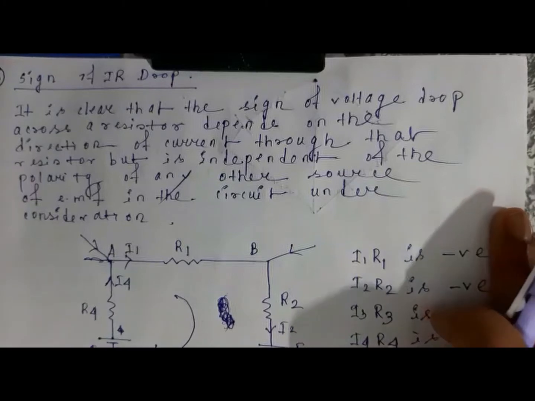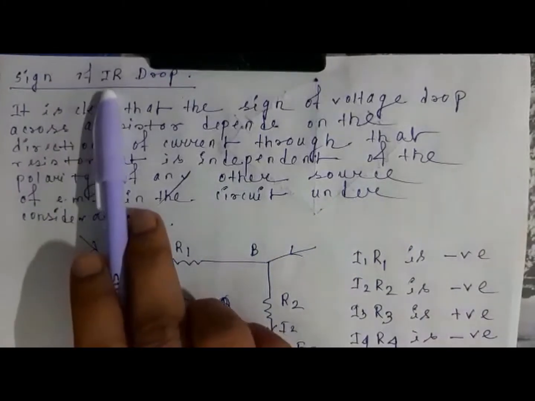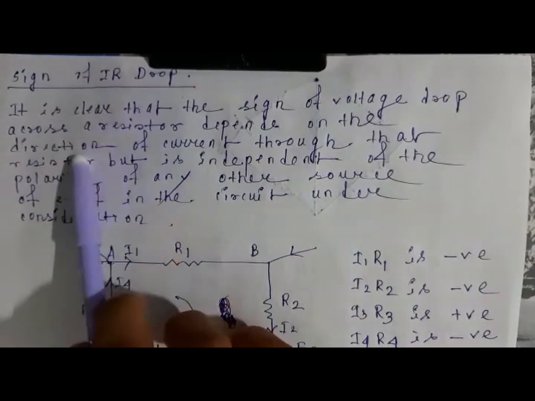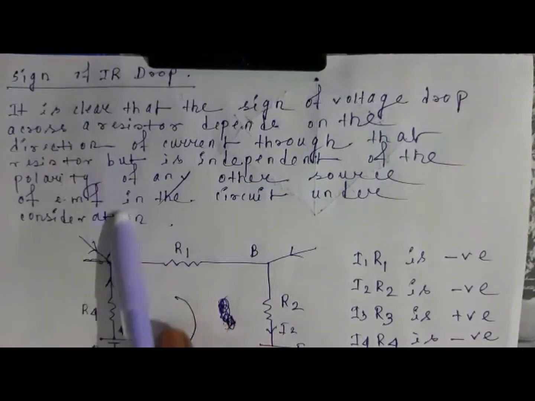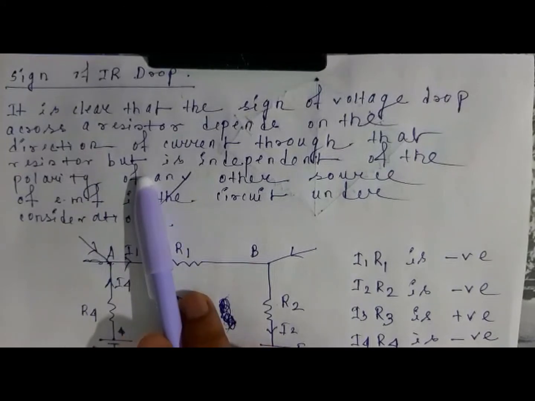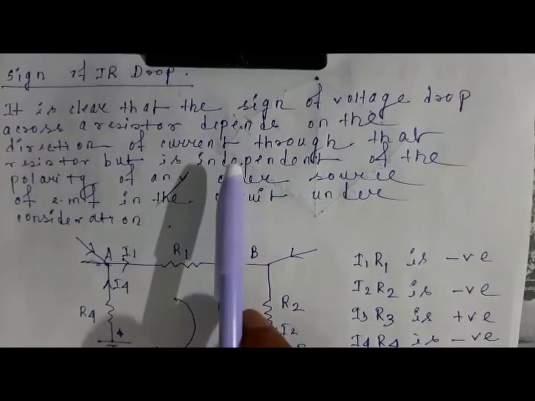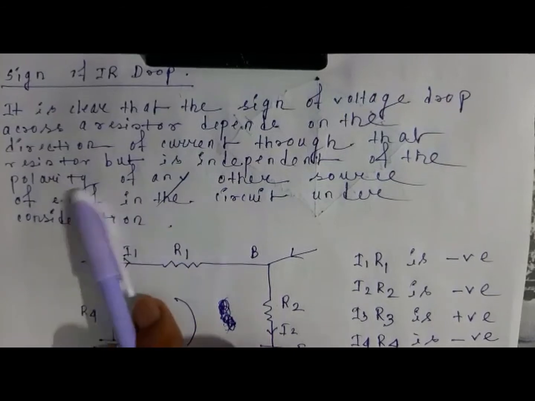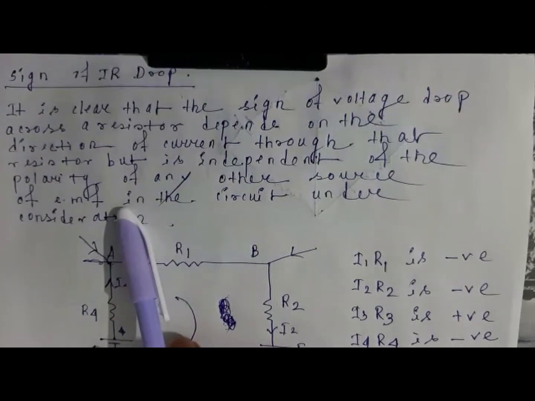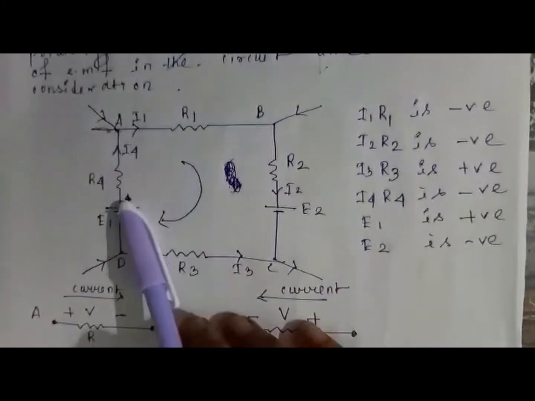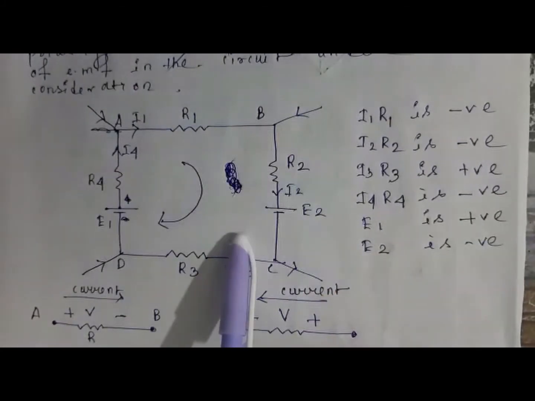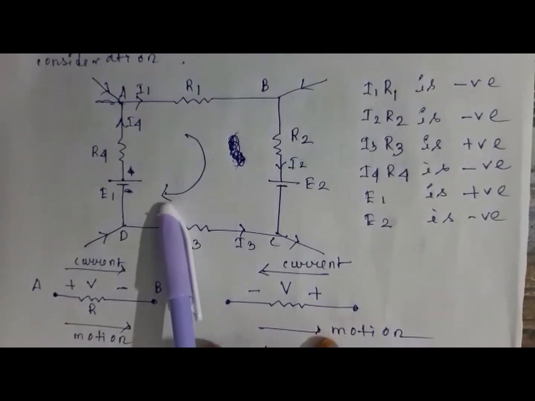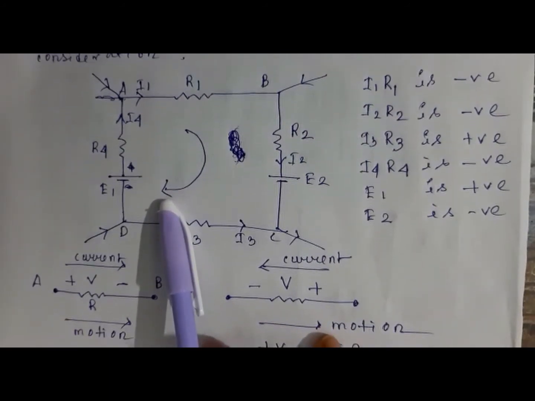Okay, now the sign of the IR drop, that is the product of current and resistance drop. When I am going to find out the sign for this voltage drop, I have to keep in mind that I will only consider the direction of current, and I don't need to look at the polarity of the EMF. Now, in this loop, I have to decide in which direction I want to take my direction of motion.